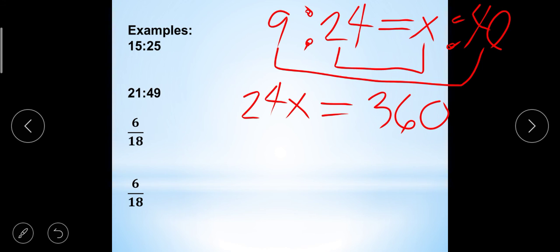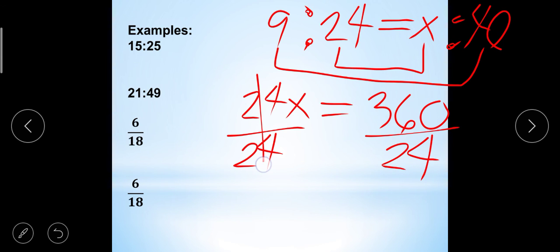So, para ma-simplify natin, malaman natin yung value ng X, we need to eliminate this number para X lang yung matitira. So, we need to divide 24 dito at dito. Okay?